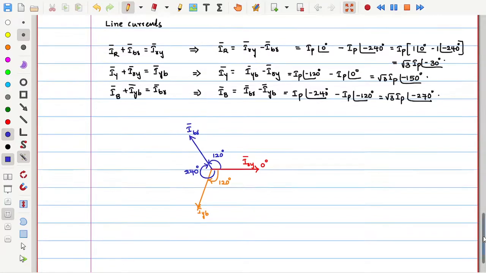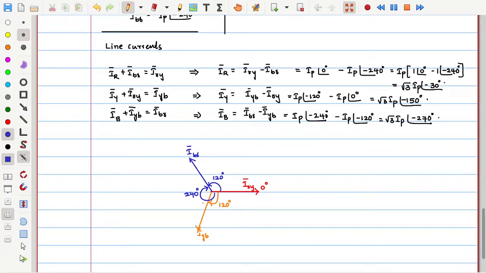Now, how do we get these line currents from these phase currents? Use the parallelogram law. Simple. See, what is IR? IRY minus IBR. Where will I get minus IBR? Take the negative of this blue color line, in the opposite direction. Now add this minus IBR with the IRY.